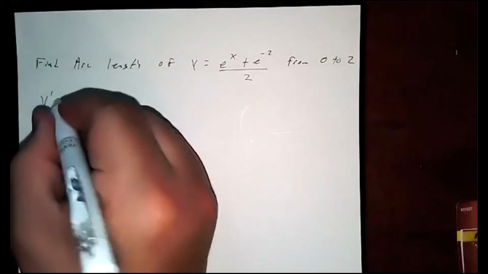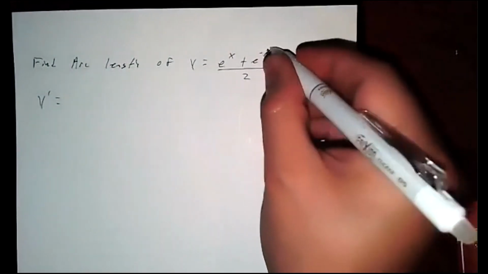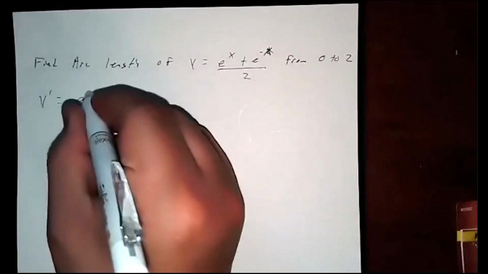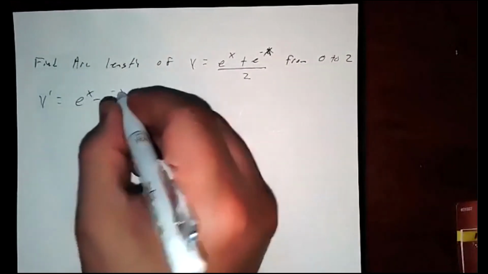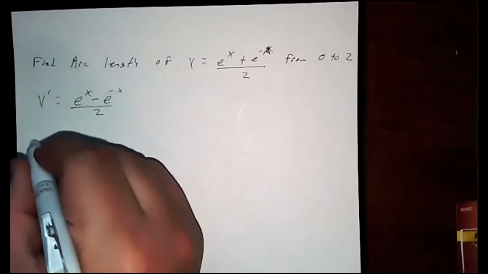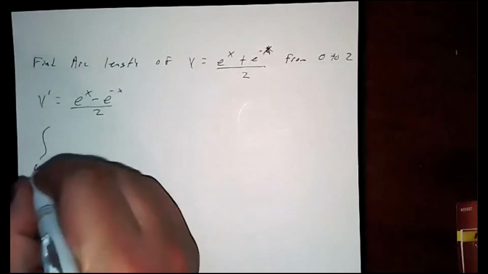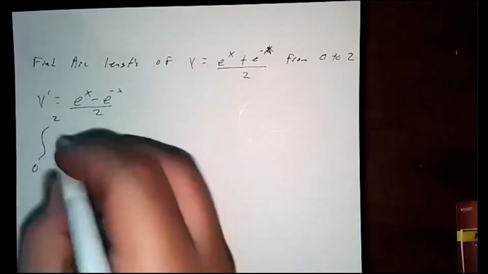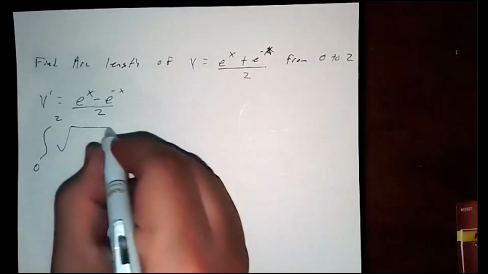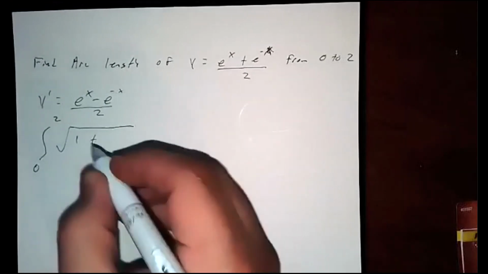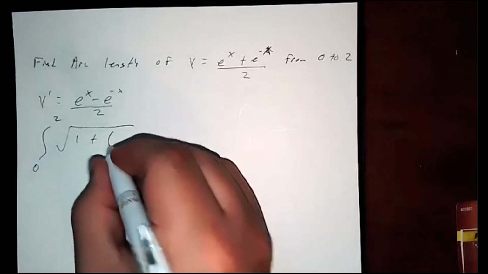See, the derivative would be e to the x minus e to the negative x over 2. The arc length would be the integral from 0 to 2 of the square root of 1 plus this nonsense squared.